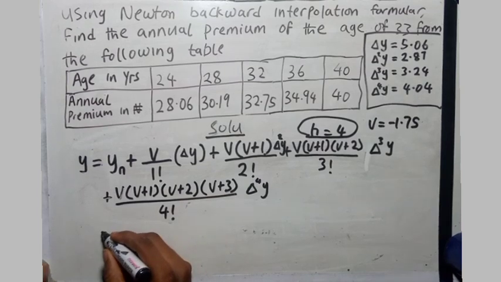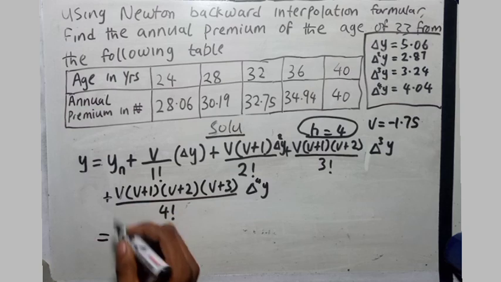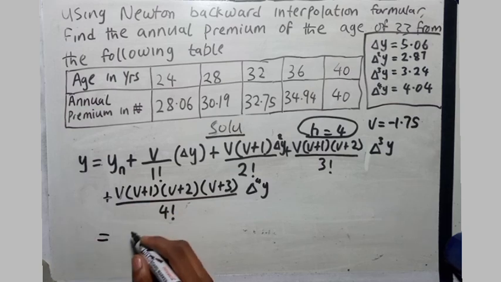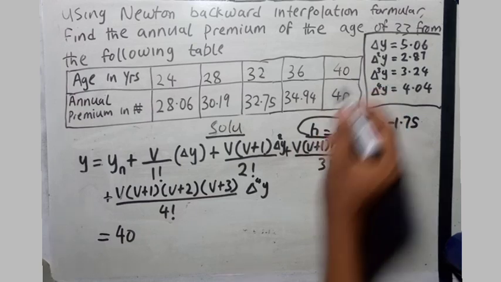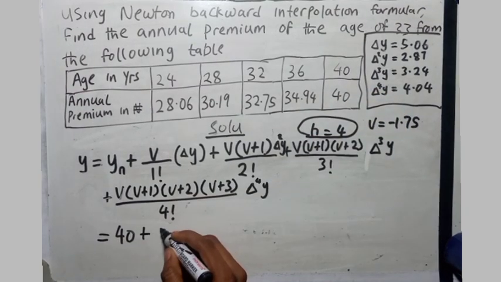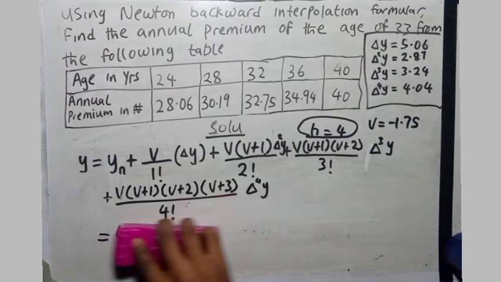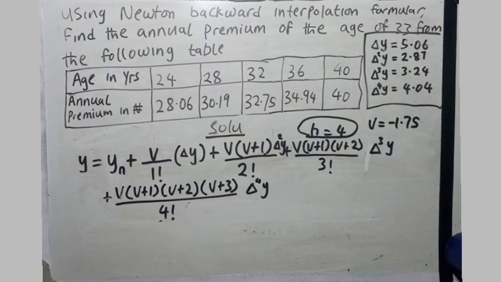So doing that, we have our last y to be what? 40. Remember, this is our last y. We will add it to v being what? Minus 1.75.